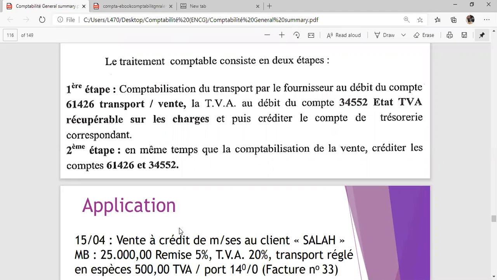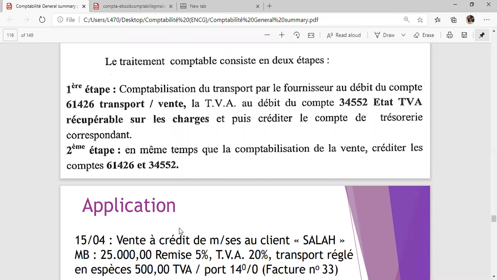So Marjane will cover the extra cost. They'll pay for the transport, but what you would receive on your facture is an addition for the transport that they paid for you, because nothing is for free in the world of business. But there's an advantage to this one in that you are charged TVA at a rate of 14%.